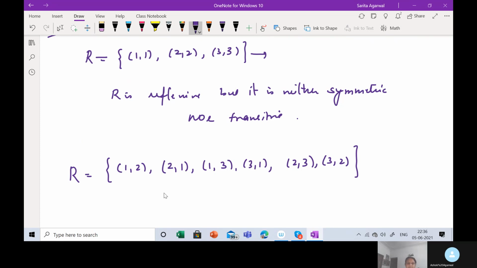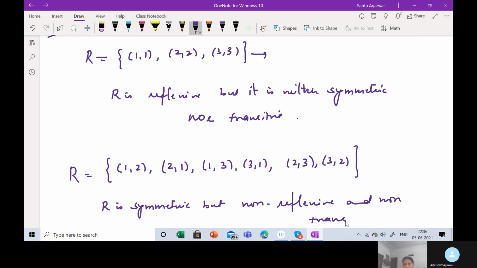If we have this, then this R is symmetric, but non-reflexive and non-transitive.